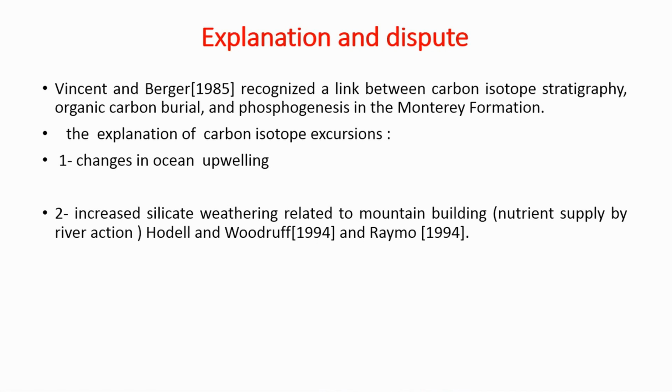The explanation of the carbon isotope excursion: one, changes in ocean upwelling; two, increased silicate weathering related to mountain building and nutrient supply by river action, according to Hodell and Woodruff. These are the two explanations of how the carbon isotope excursion, or high carbon excursion, comes about.